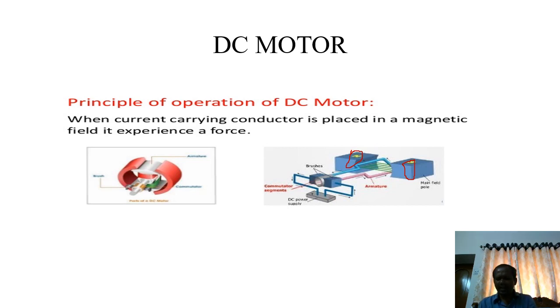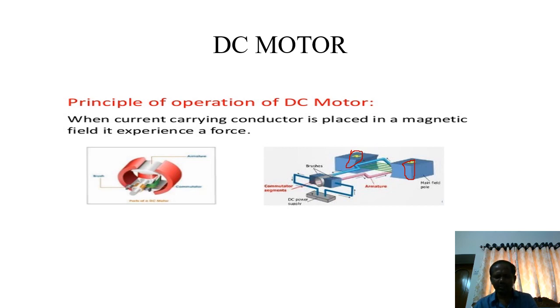When a current carrying conductor is present in a magnetic field, it experiences a force. Then this coil is rotated and cuts the flux, and with the change in flux with respect to time, an EMF is induced in the conductor.